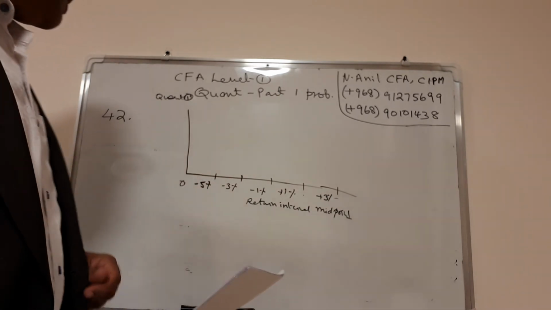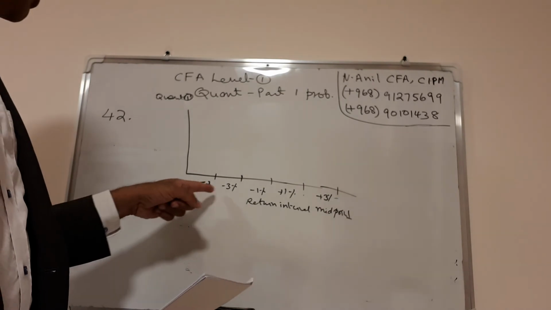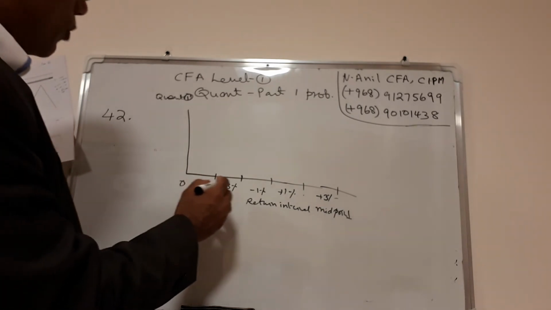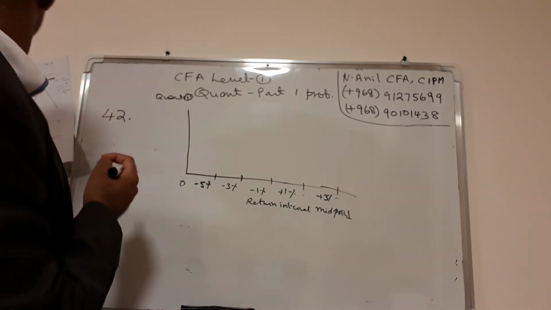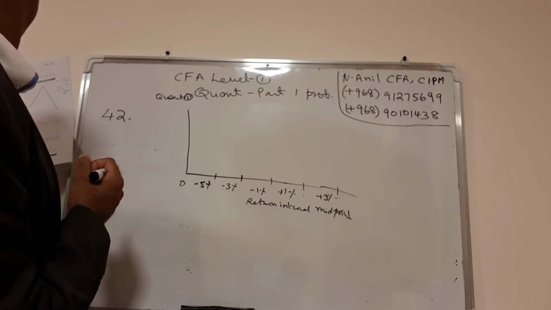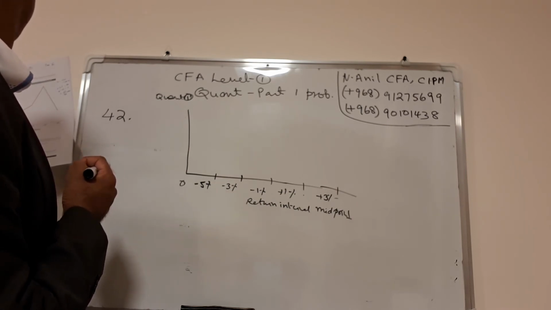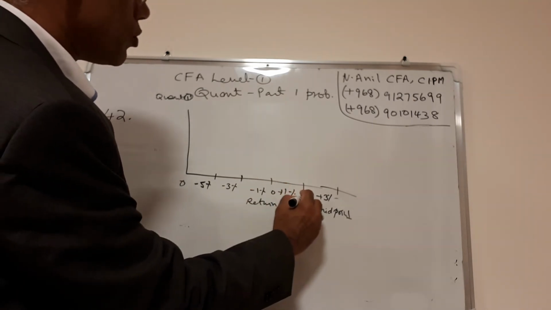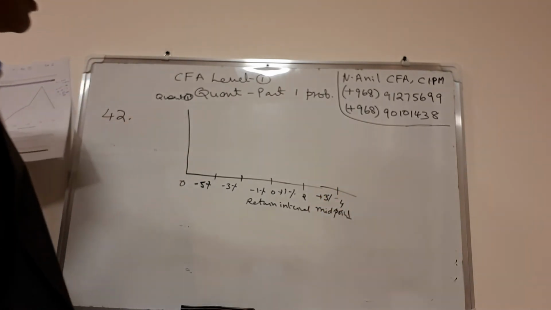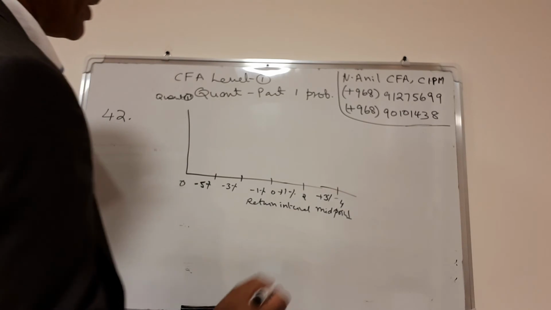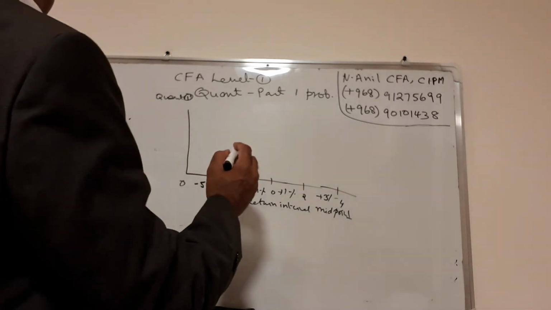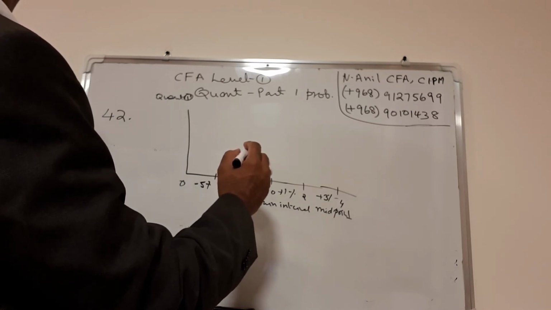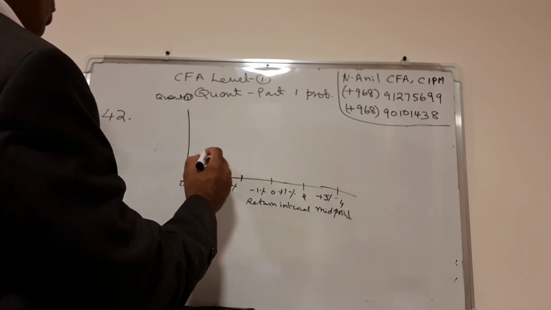So the difference is 2 percentage points. For example, if this is 0, this will be 2, this will be 4%. The polygon is given like this, and you have to dot the points.